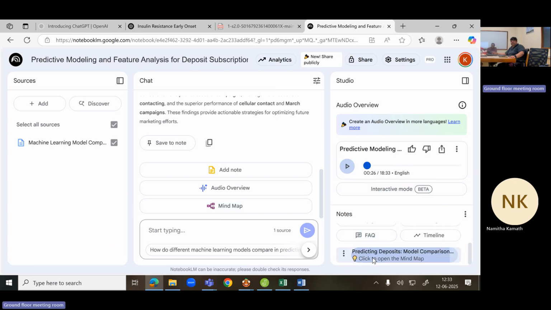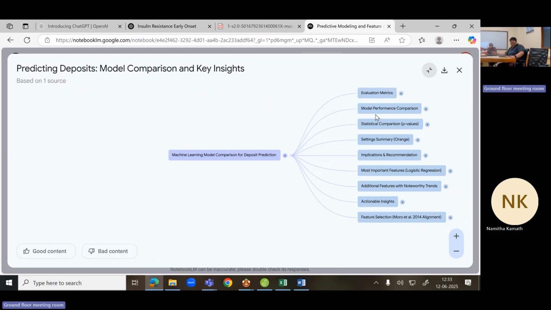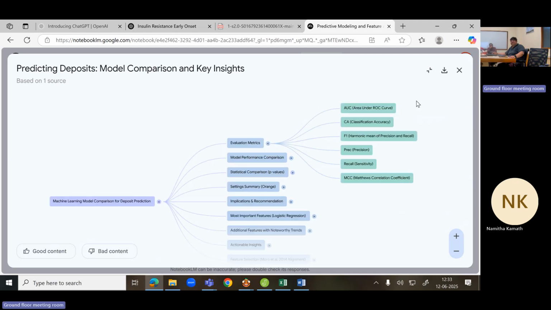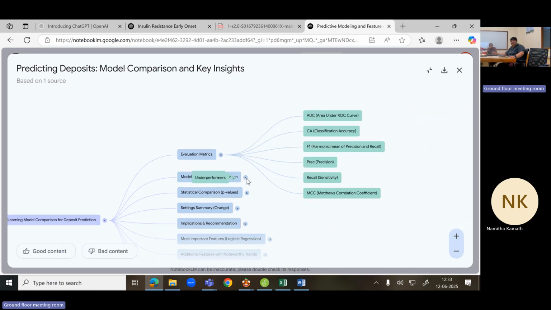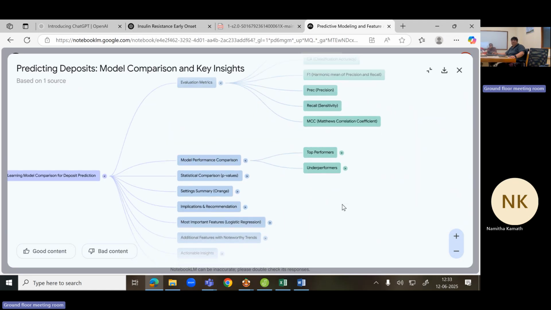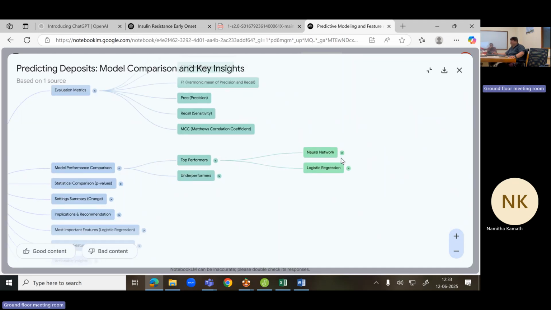It gives you a machine learning model comparison for deposit prediction. It gives you these complete tests and evaluation metrics. So it's giving you the different aspects of the discussion: top performers and so on.